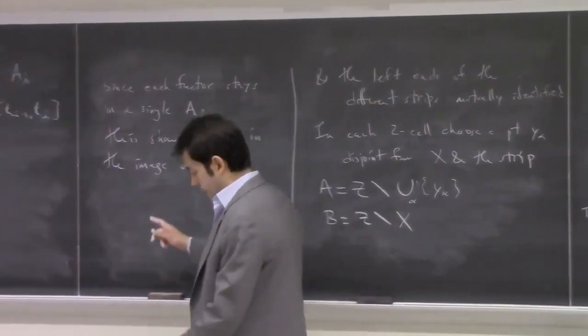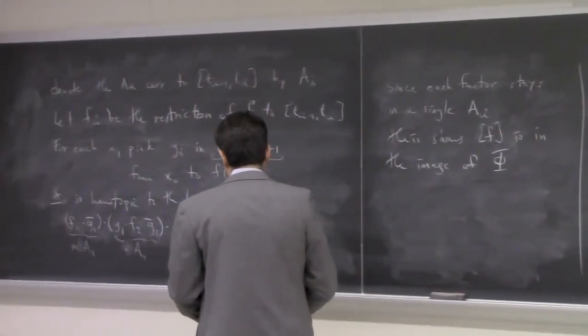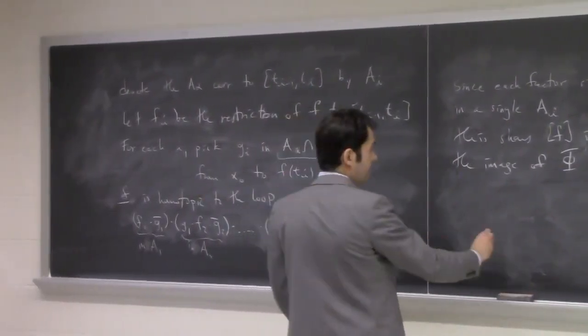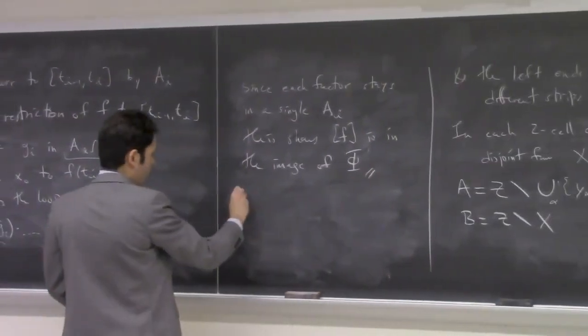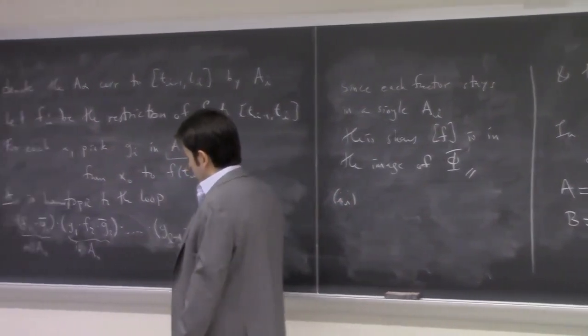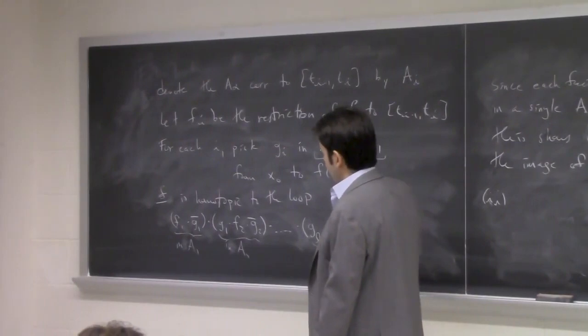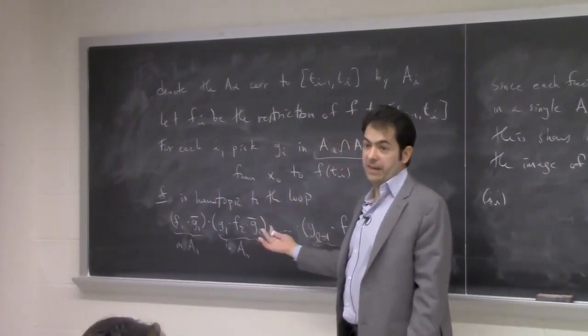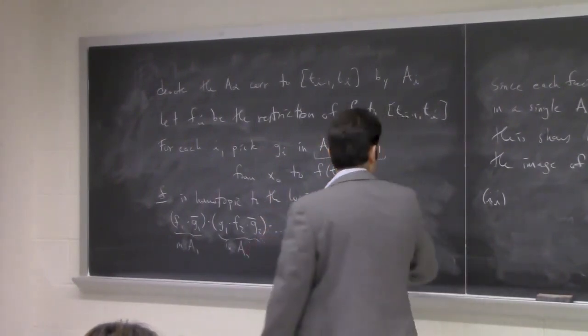Okay, so that proves part 1. We're going to call this decomposition of a loop F a factorization.